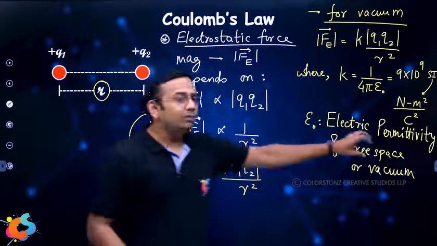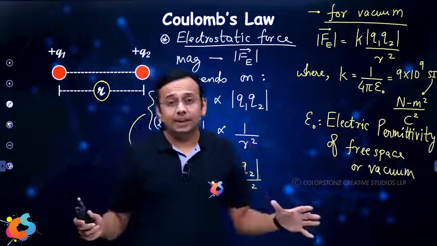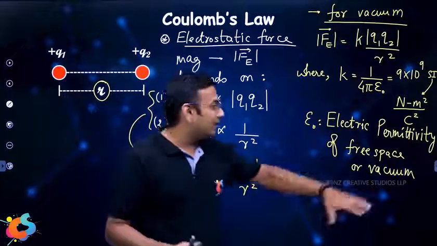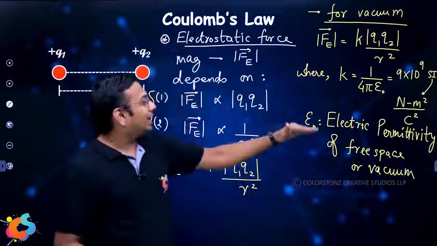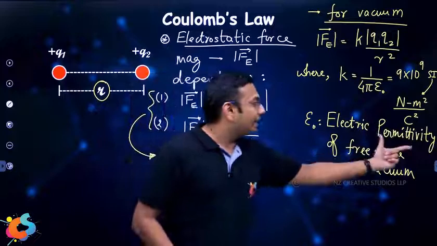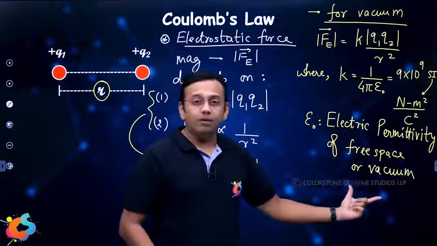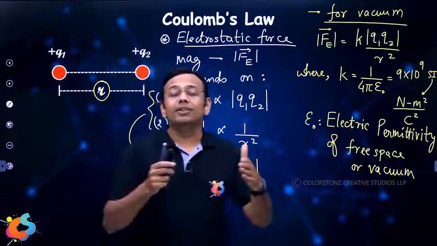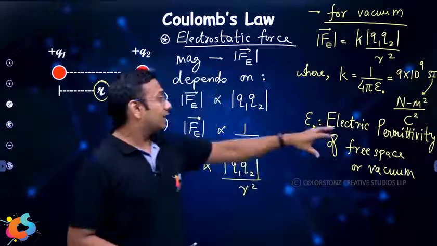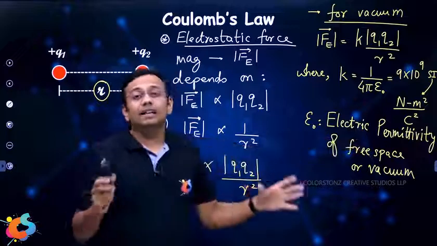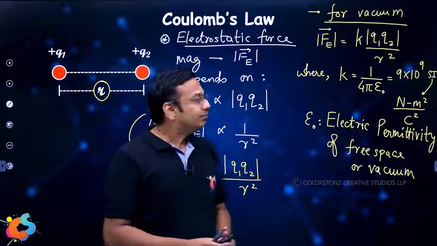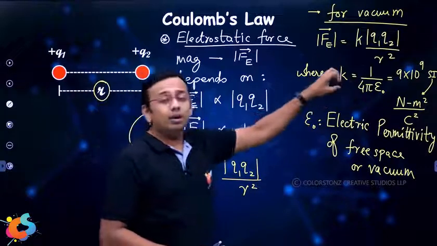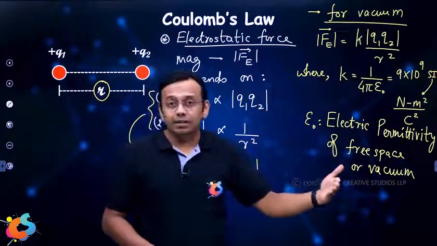By free space, we mean there is nothing in that space. It is free from any matter. If there is no matter, that means there is vacuum. So epsilon naught is the electric permittivity of free space or vacuum, or it is also called the absolute electric permittivity, because it is for vacuum when there is no other medium.